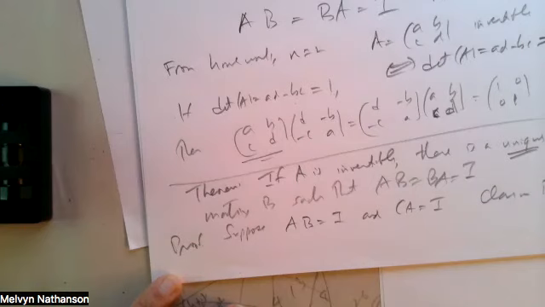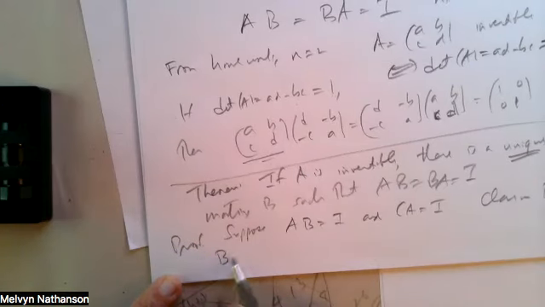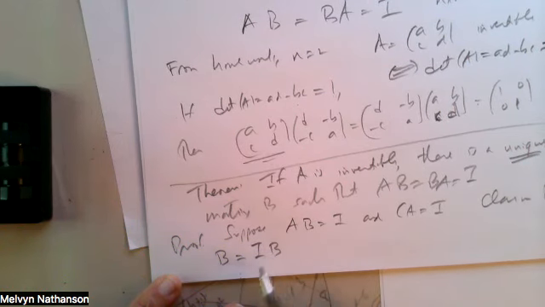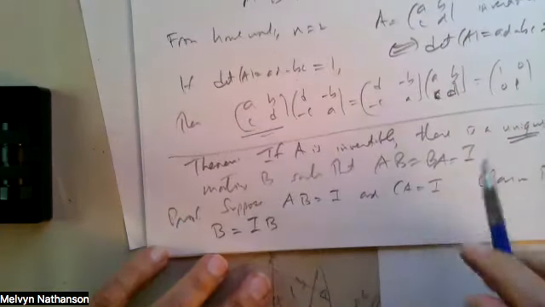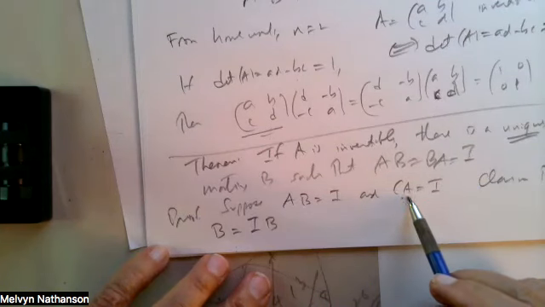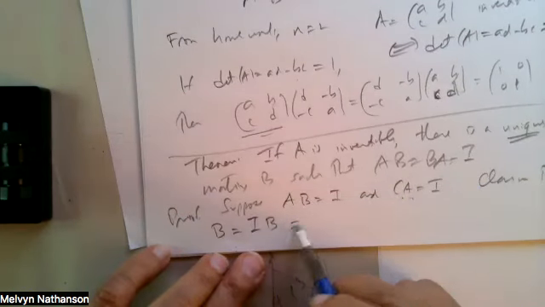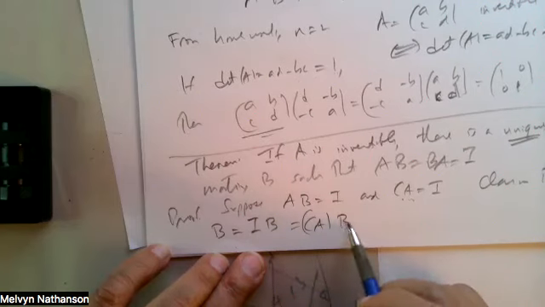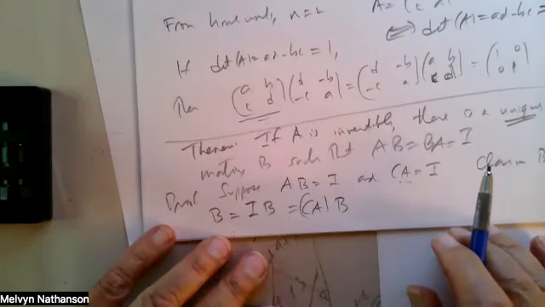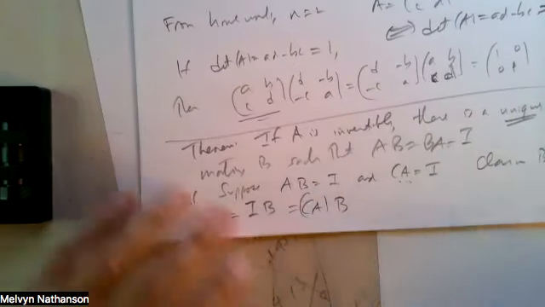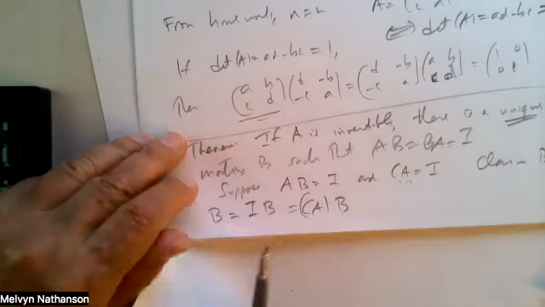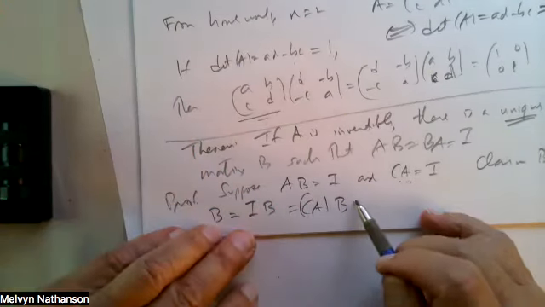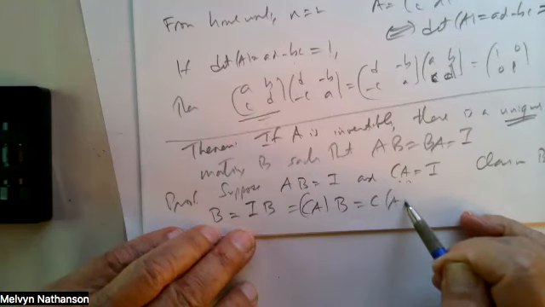Let's see. So B, if you multiply any matrix by the identity, the matrix doesn't change. So B is the same as identity times B. But the identity can be written as C times A. So this is C times A times B. But by the associativity of matrix multiplication, this is C times AB.